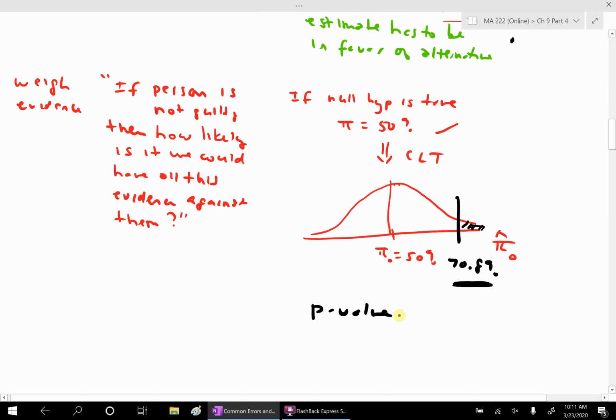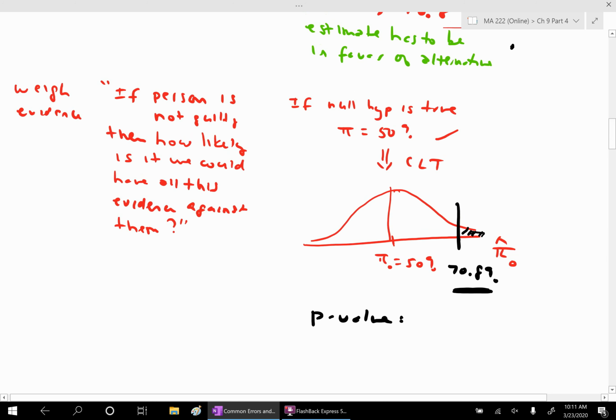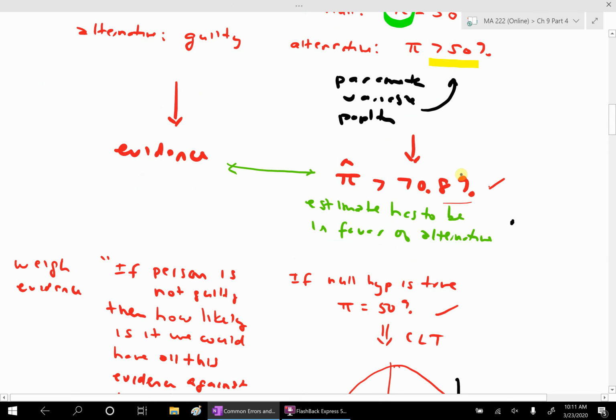So the p-value is how likely we are to get an estimator as extreme or more extreme than what we observed if the null hypothesis was true. Okay? So what we do is we look at the alternative here, okay?